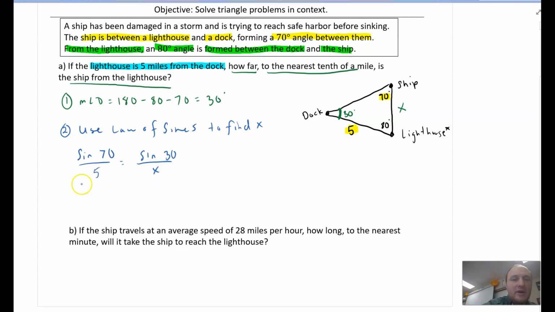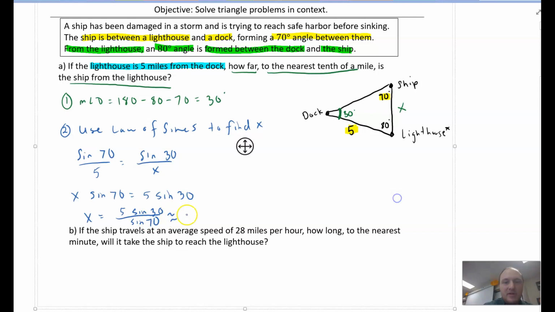We can solve this: x sine 70 is equal to 5 sine 30, which means that x is equal to 5 sine 30 over sine 70, which is approximately 2.7, and the units for our distance are miles.